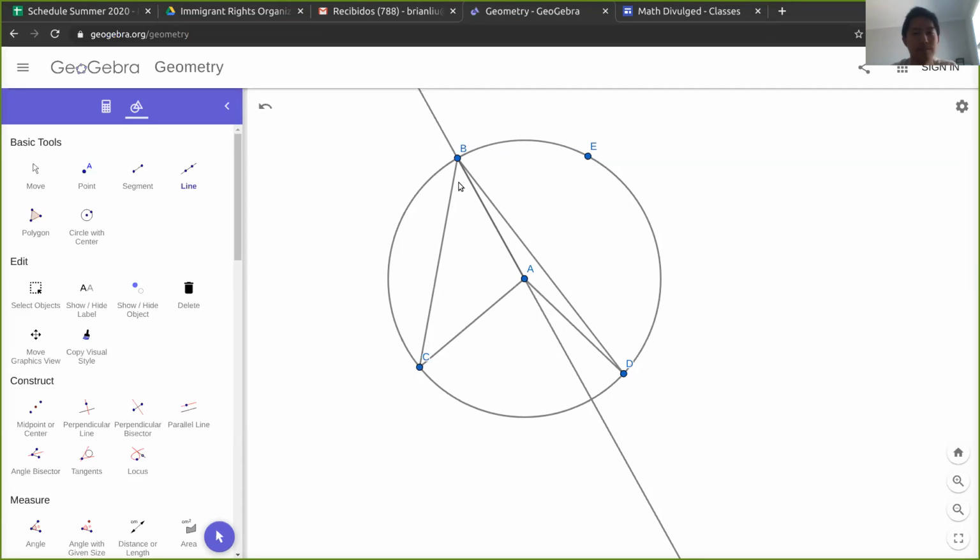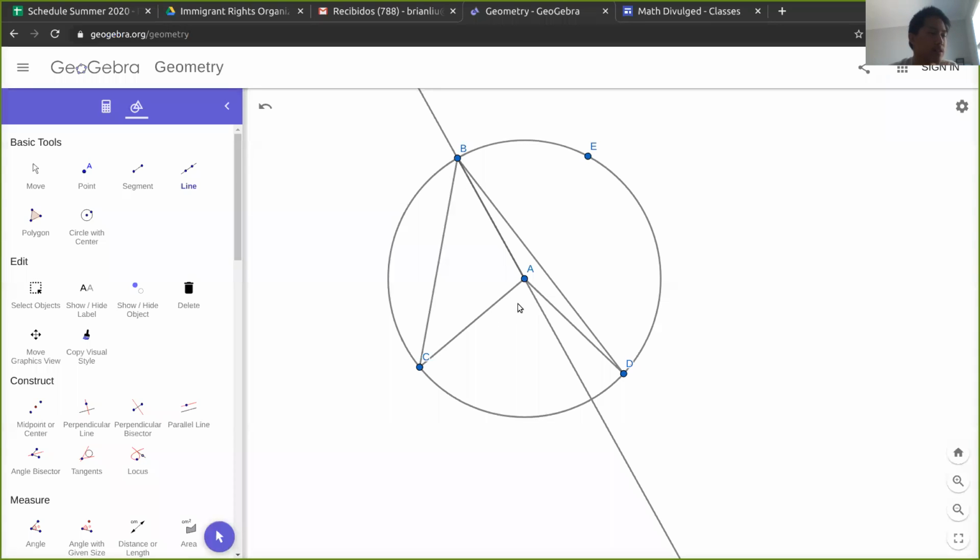So if we do some angle tracing, if we call this X, this is X, this is also X, this is 180 minus 2X, and so this is 2X. In general, you can think of it as the exterior angle. So basically, this angle right here is the sum of this angle and this angle.